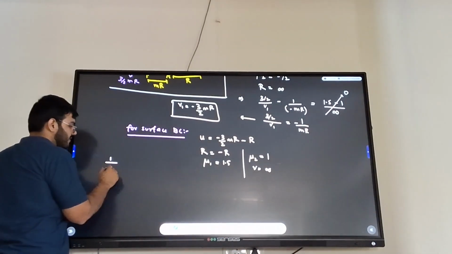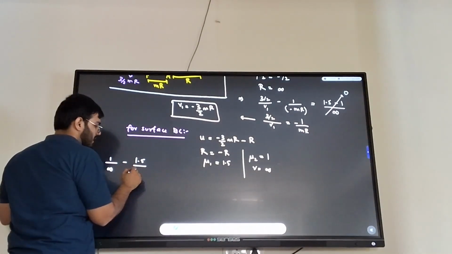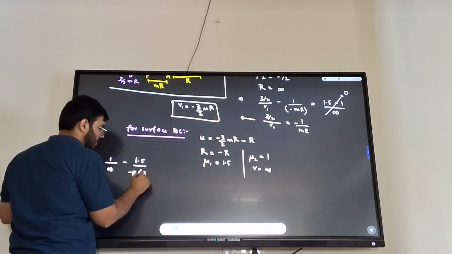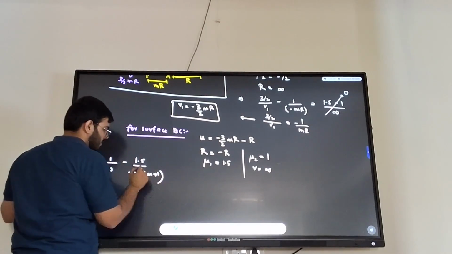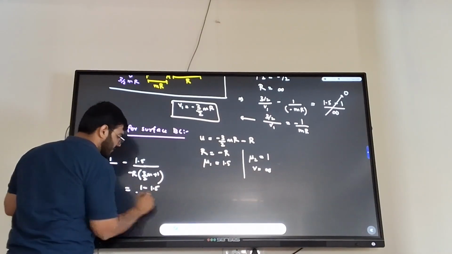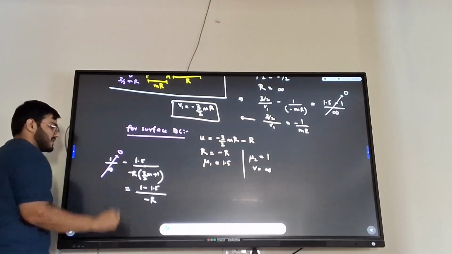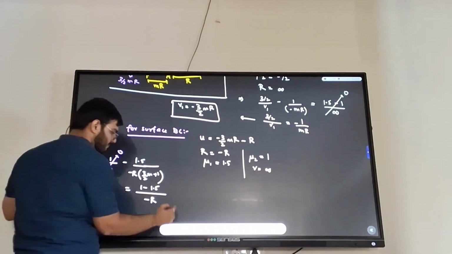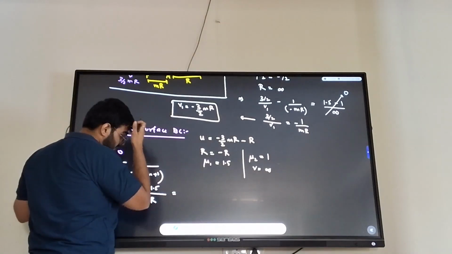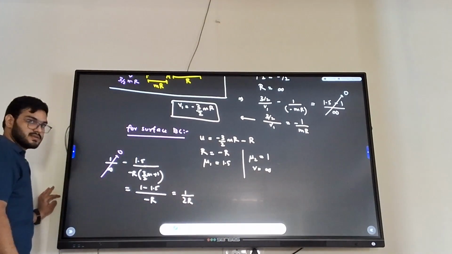Mu2, that's 1 by infinity, minus 1.5 divided by minus R, times 3 by 2 m plus 1. This should be equal to 1 minus 1.5 divided by minus R. This goes to 0. There is nothing here. What will this become? I think this will be 1 by 2R here. Please check. 1 by 2R.